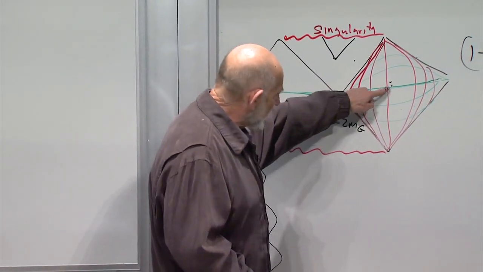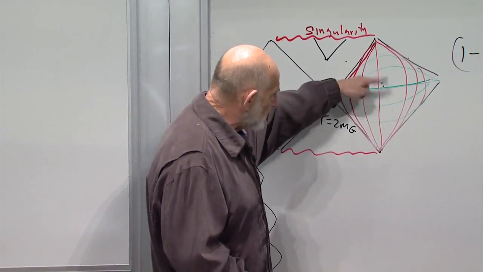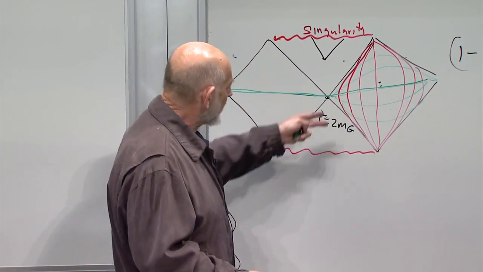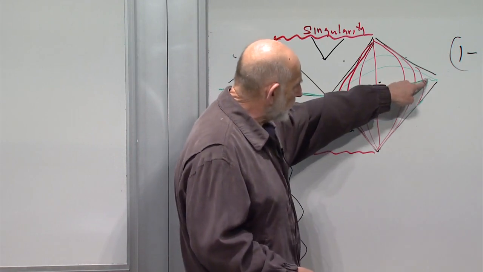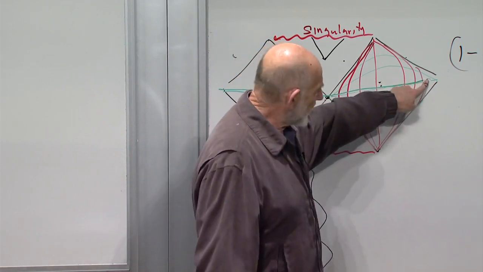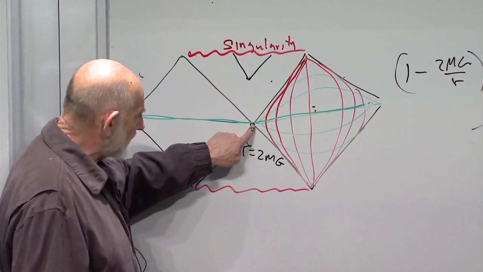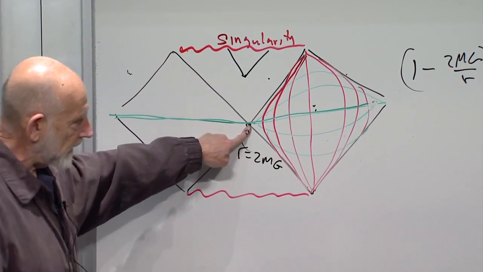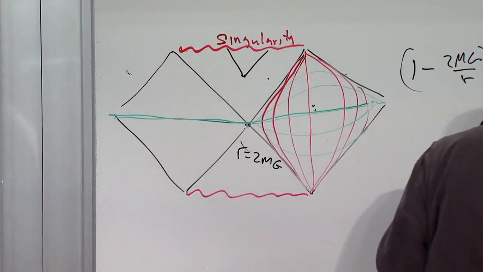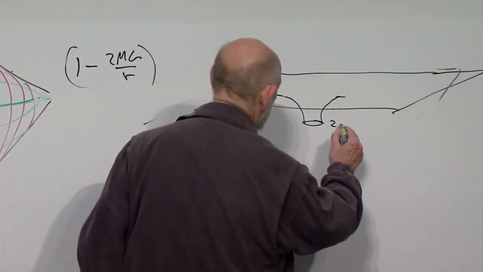At each point here, there's a sphere that somebody could move around on, a two-dimensional sphere. And the two-dimensional sphere is very big way out here. As you come in, it gets smaller and smaller until it gets to some minimum size over here, and that's the horizon. That's r equals 2mg.